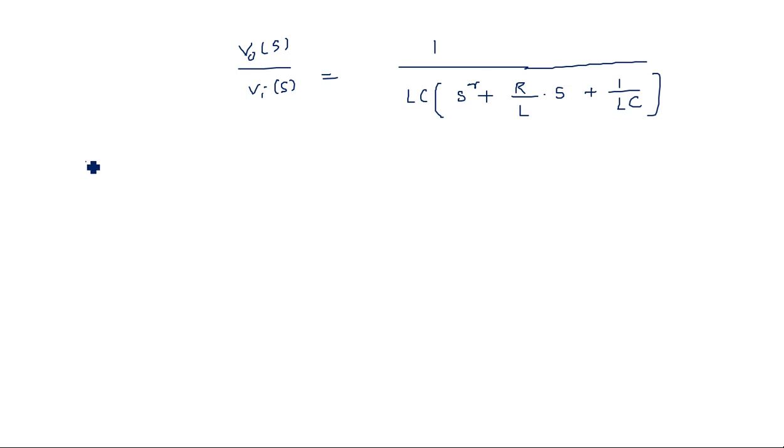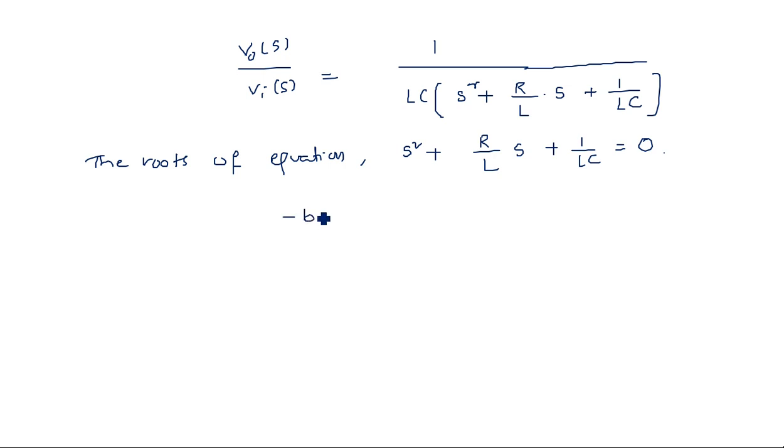So the roots of the equation s square plus R by L s plus 1 by LC: whenever we calculate the roots, we should equate that equation to 0. We know how to write these roots.